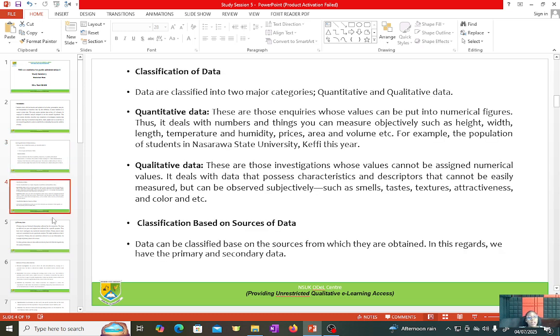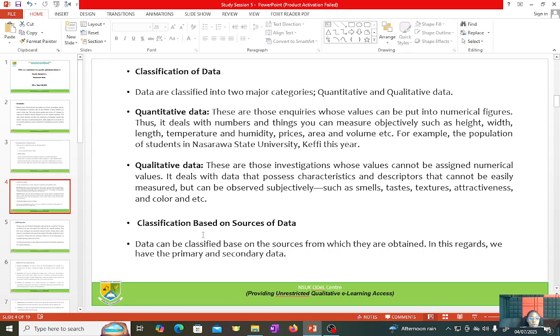Data is classified into different categories. The two main categories are the quantitative and qualitative data. We won't spend much time discussing that because we've treated that in our previous sessions.